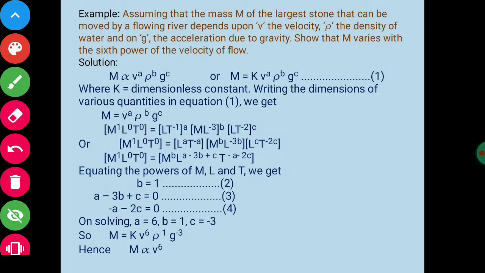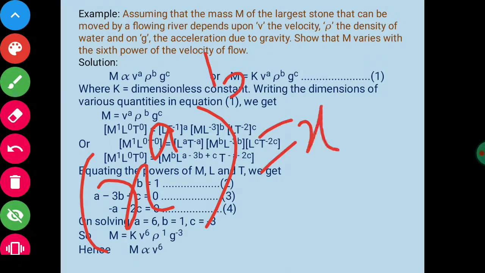Now put all the dimensions in the given equation here. Now we are again using the formula x raised to power a whole raised to power b, which is equal to x raised to power a into b.